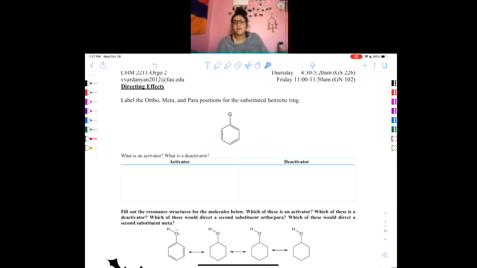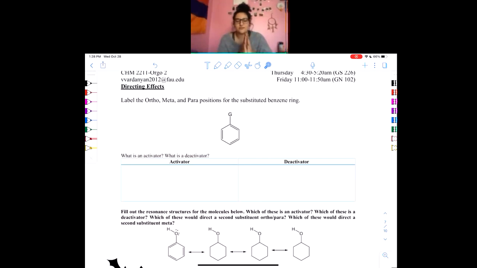So, first thing I want to start with for directing effects is a general statement. When I say directing effects, I mean once one group is added to the benzene ring, it will affect how future groups are added. People tend to get confused with that. I just know that students get it kind of backwards all the time.